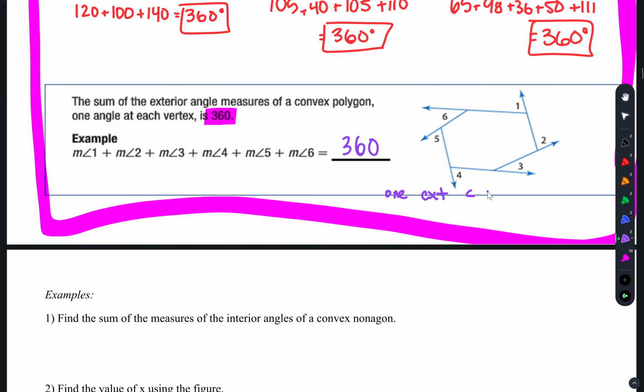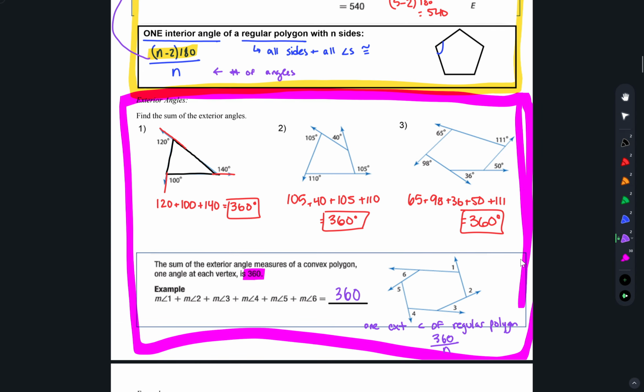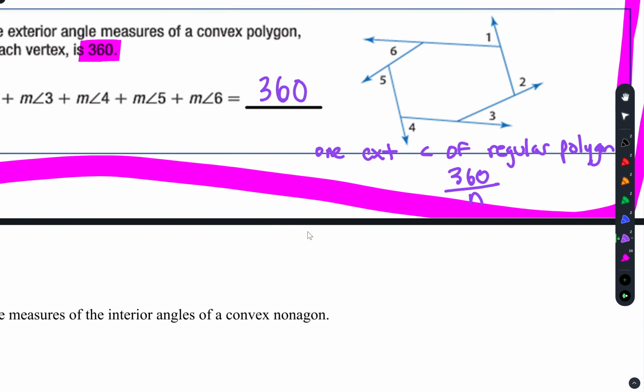I would take that sum, which is 360, and again, I would divide it by that number of sides. So very, very similar to what we did for our interior angle, which is where I took the sum and I divided it by n. We do the same thing for exterior. We take our sum, we divide it by n. So just a quick little reminder on there.